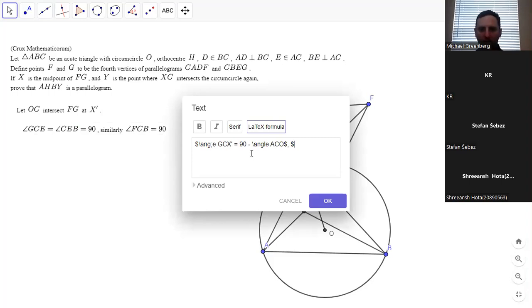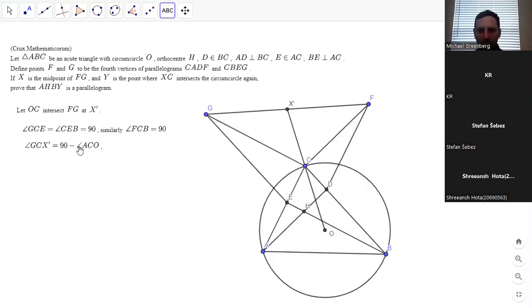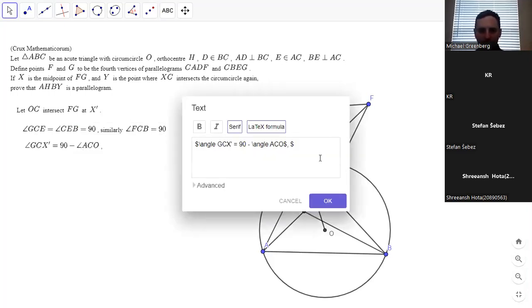And then similarly, angle FCX prime is 90 minus angle BCO.